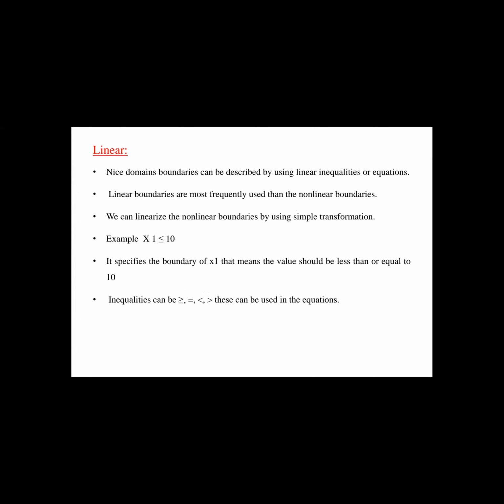The linear property means the nice domain boundaries can be described by using linear inequalities or equations. A domain which is represented in the format of equations with some different operations, that representation is called the linear representation. That domain is represented as a linear nice domain.